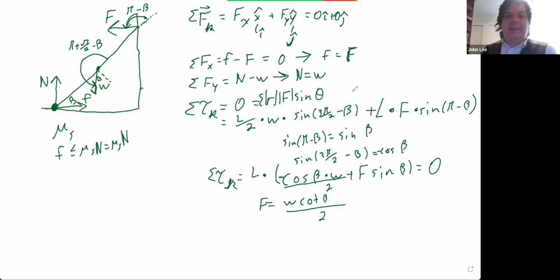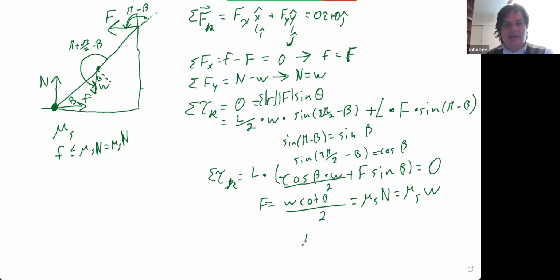So we plug this back in. We know that the force of friction is equal to mu s N is equal to mu s times the weight. So F is equal to the force of friction is equal to mu s times the weight.